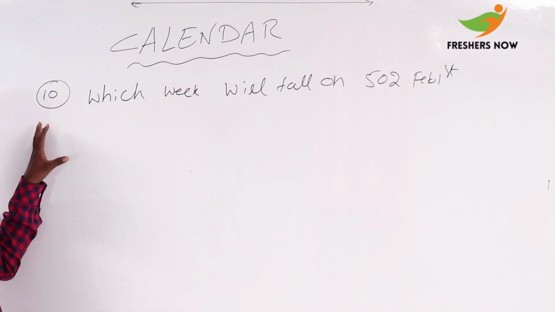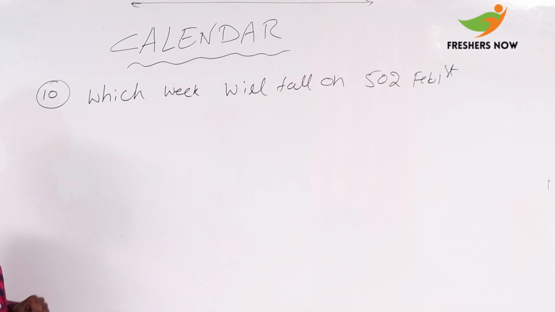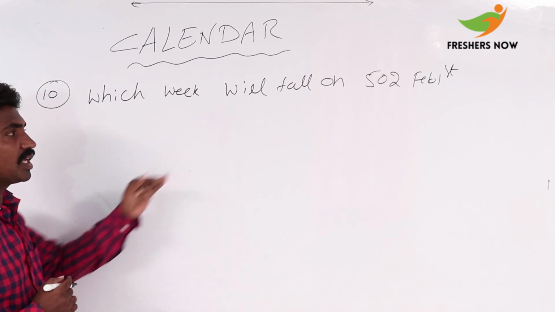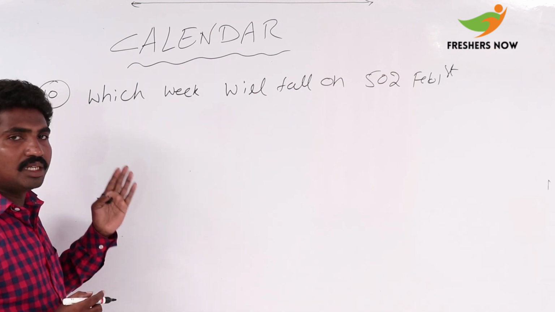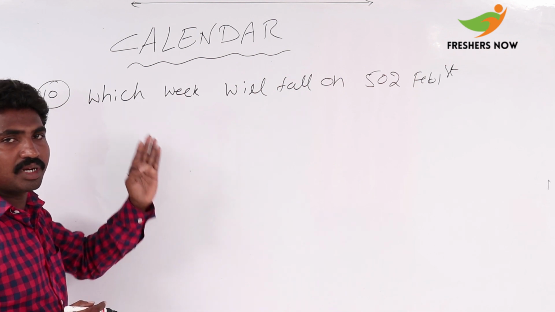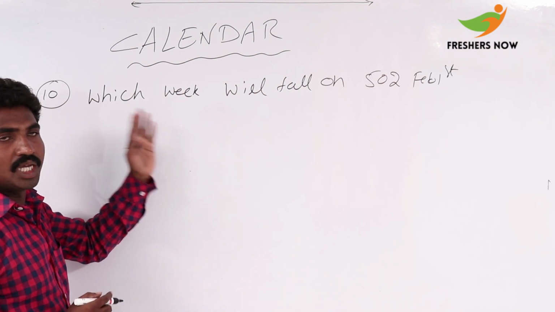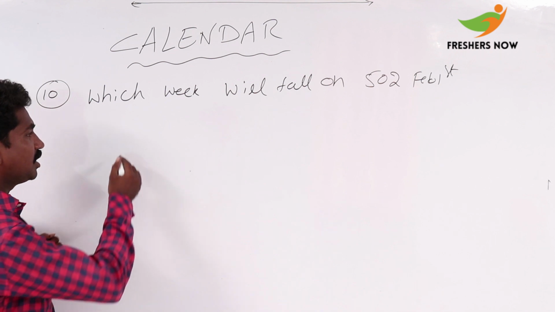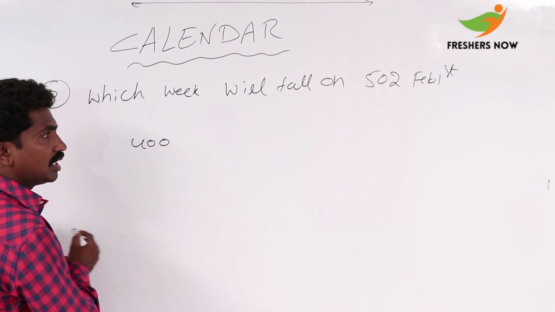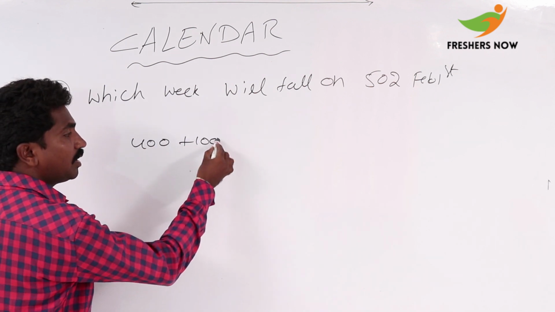Now we discuss the 10th question. Which day will fall on 502 February 1st? Write the nearest leap century. The leap centuries are 400, 800, 1200, 1600, 2000. The nearest leap century is 400. Later, 100 years completed.